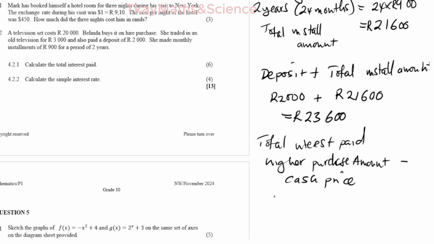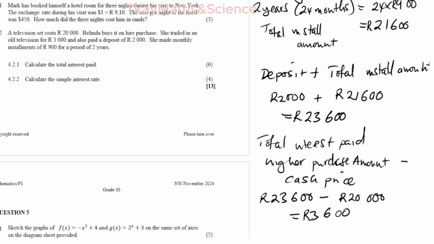So it's gonna be 23,600 subtracting 20,000 rands. So the total interest is gonna be 3,600, right?